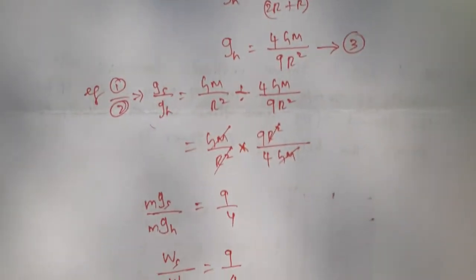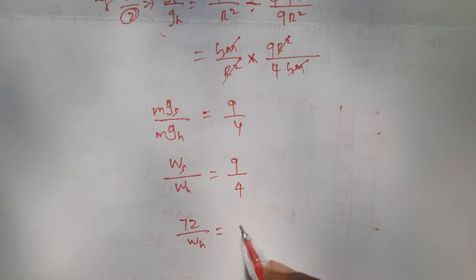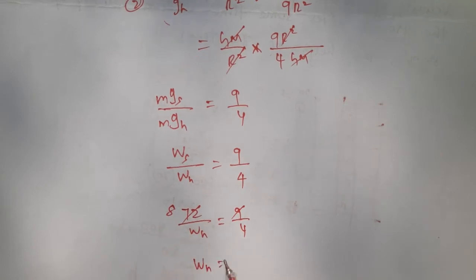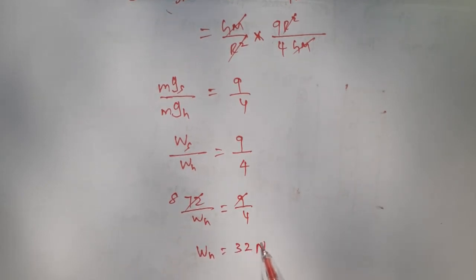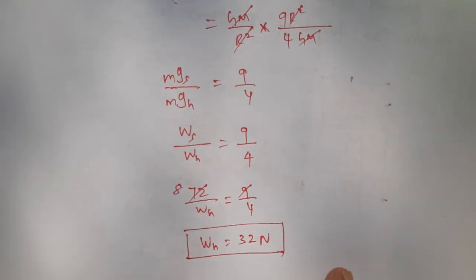We substitute it here: 72 by Wh is equal to 9 by 4. If we cancel, 8 9s are 72, then 8 4s are 32. So Wh is equal to 32 Newton. So the weight of the same body at a height of half the radius of the earth is 32 Newton.